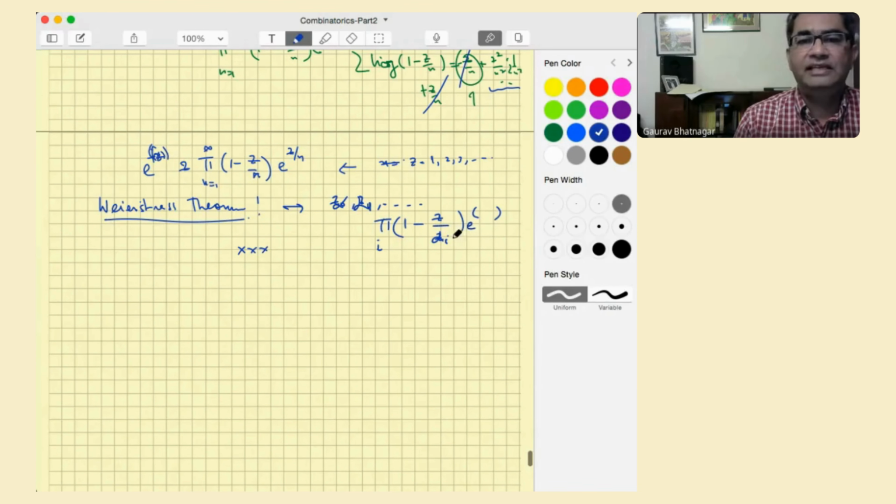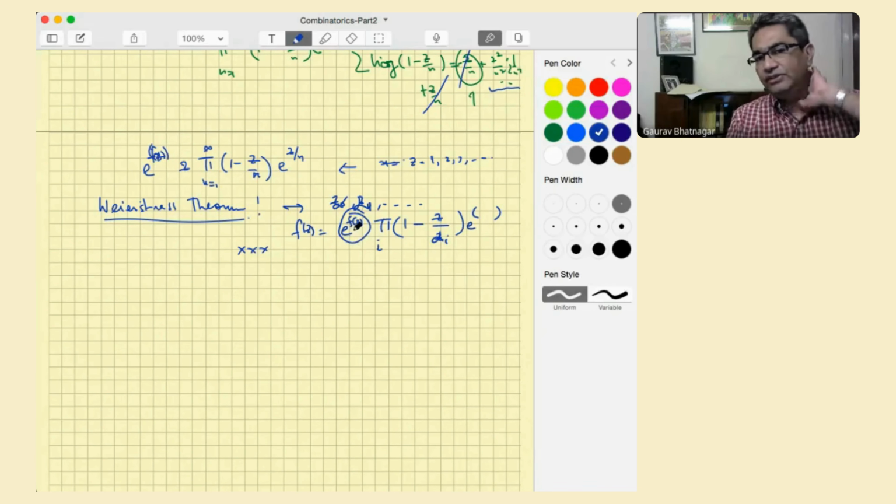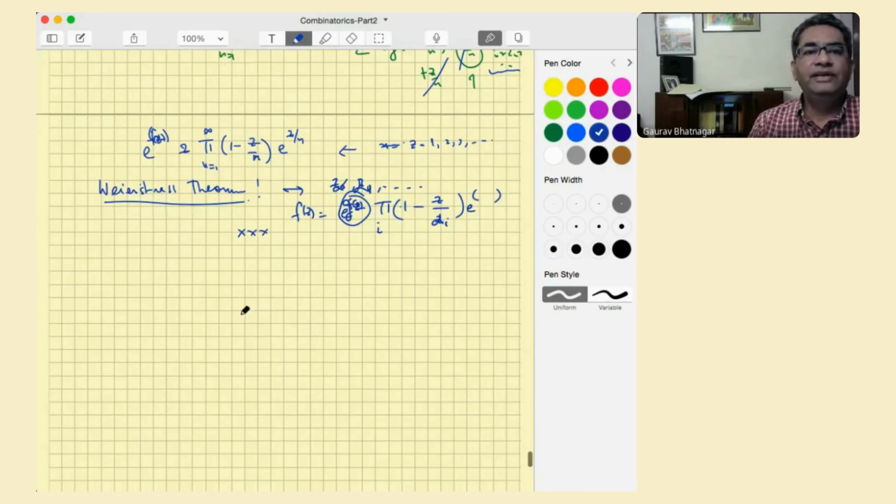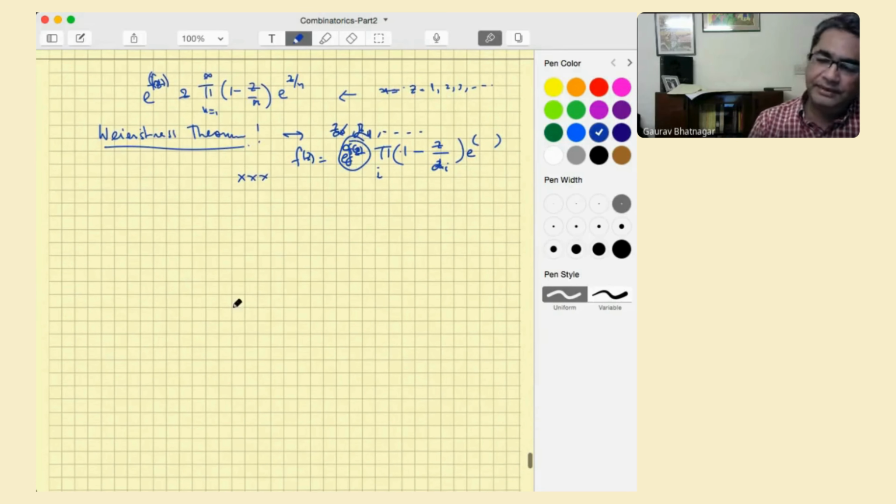So you add this exponent, and if these are all the zeros, the function can be written like this, modulo an entire function which is never zero. An entire function which is never zero is e raised to some function g of z. So this is Weierstrass theorem. Any analytic function with certain zeros, you can just write it down. And this is exactly what they were doing with Euler products in the Riemann zeta function and so on. So this is very, very classical.